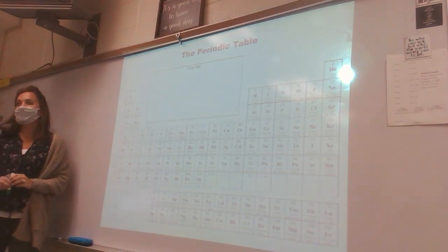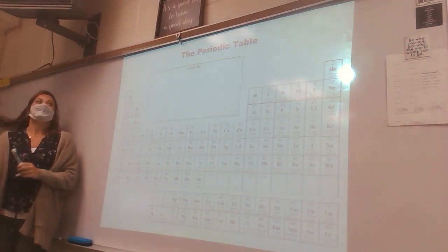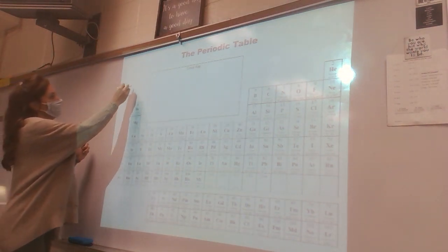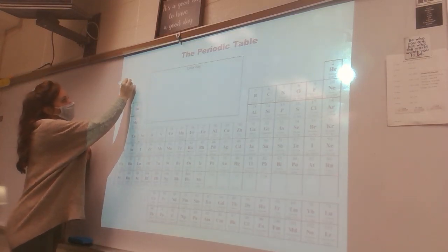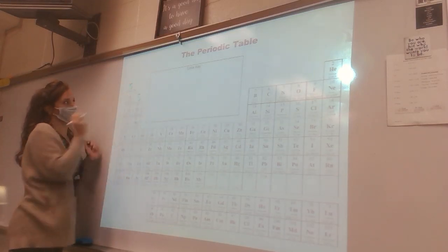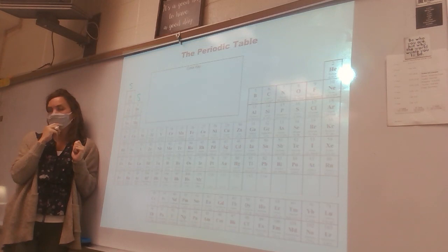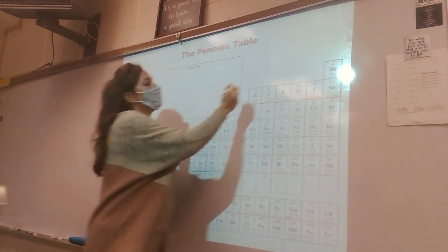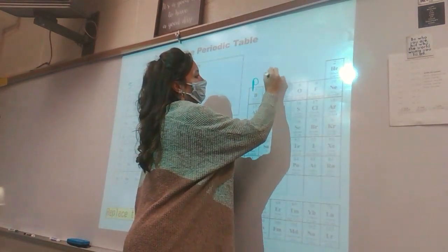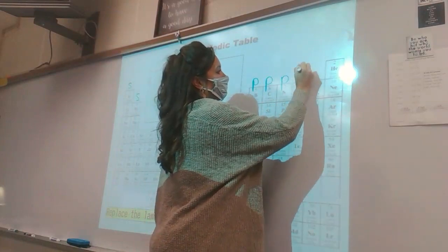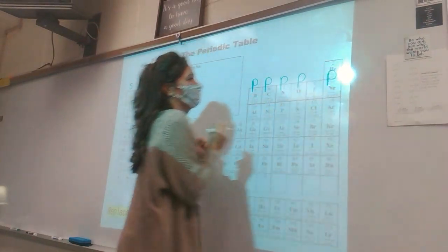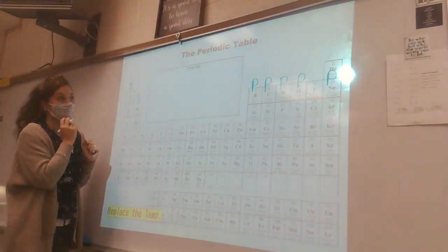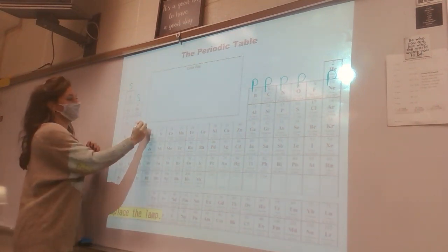Okay, so if we look at the periodic table, it's organized into blocks. We have the S block. We have the P block. We have the D block.